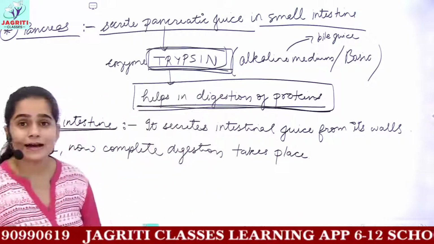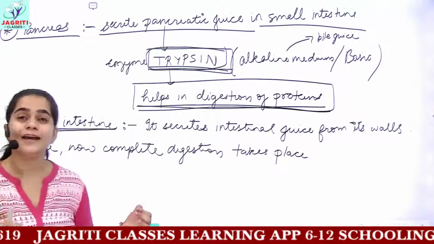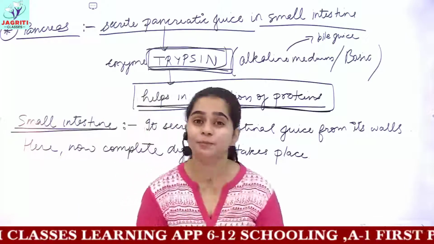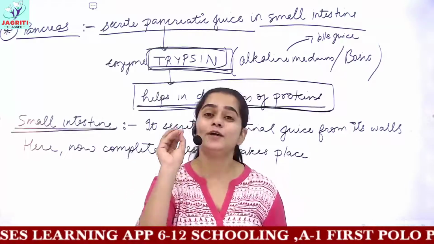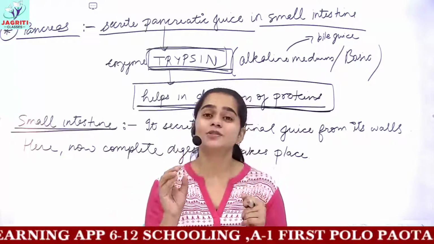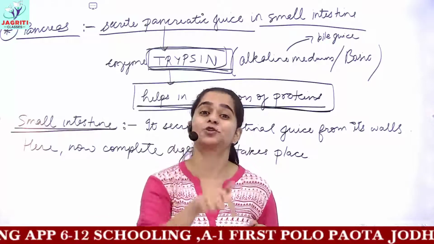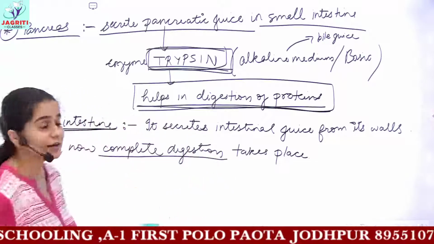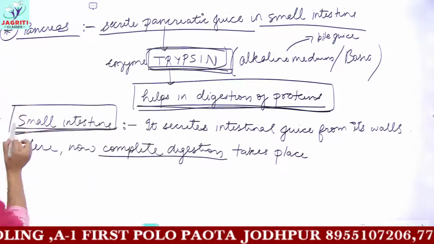So if you are asked, tell me the location where no digestion occurs, the answer would be esophagus, that is your food pipe. In food pipe, no kind of digestion occurs, it just transfers your food from the buccal cavity to the stomach. And where complete or maximum digestion occurs, the location is small intestine.